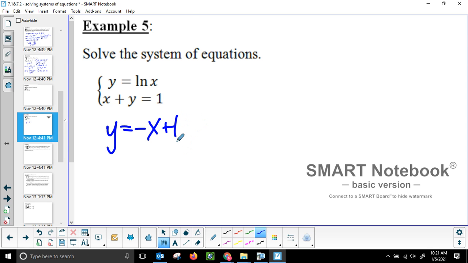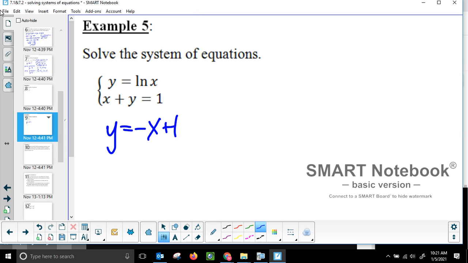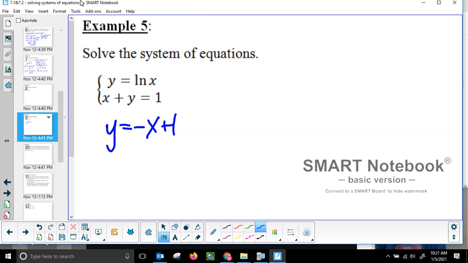So now what we can do is get out our handy dandy calculator.